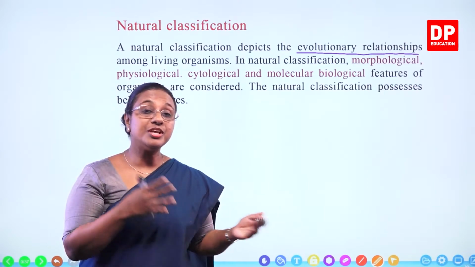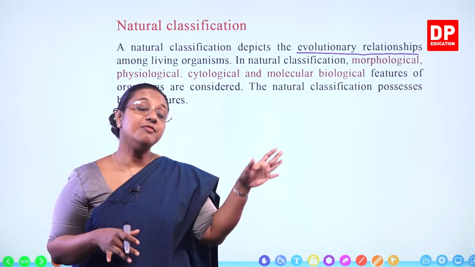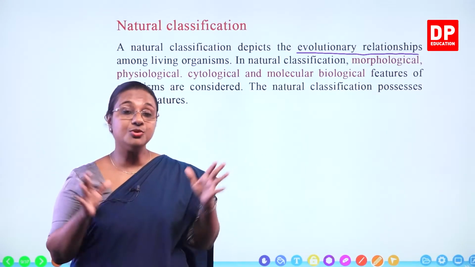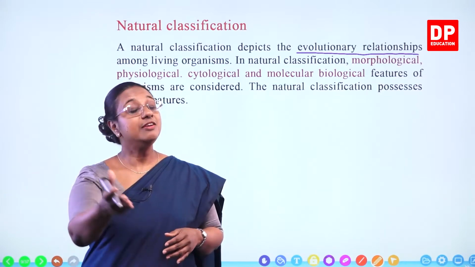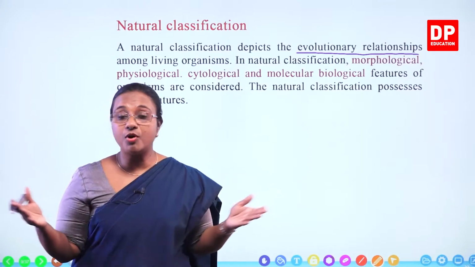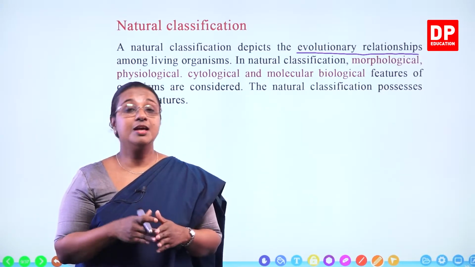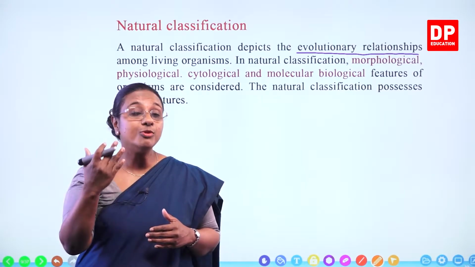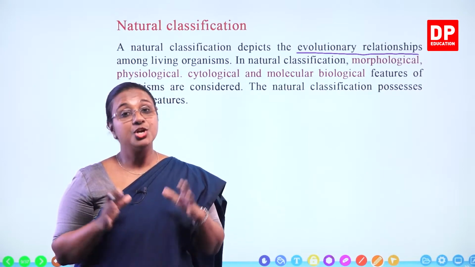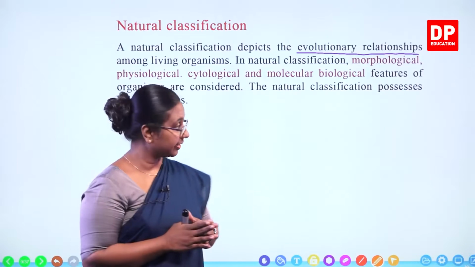Plants, a coconut tree is different from a mango tree. So all those are possible from the external features. So when we say morphological, those are the characteristics. Even in your class, you have about 30 or 40 students. You can identify each person. We call them by name, but how do you identify the person? From their features. So that is what we consider under morphological characteristics.